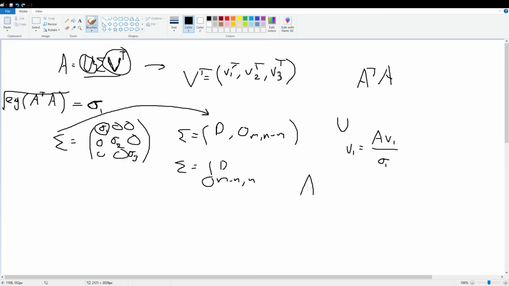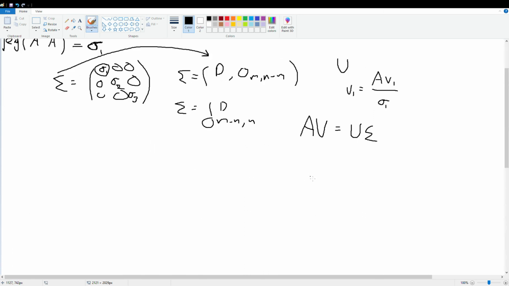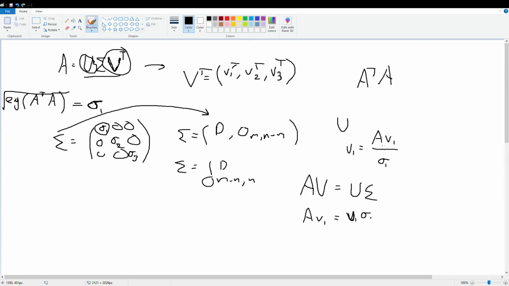Well, we know that A V equals U sigma. And we also know that because a lot of these matrices are diagonal, if we're just looking at U1 and sigma 1, that should look more like a U there, and this is just going to be A V1. So that's how we figure that out. And the proof is much more complicated than that, but that's what we're going to stick with.